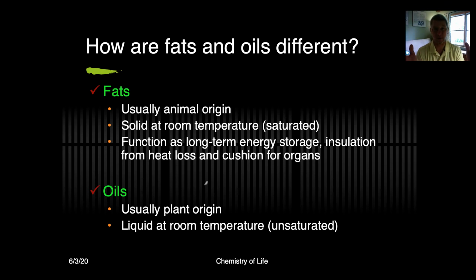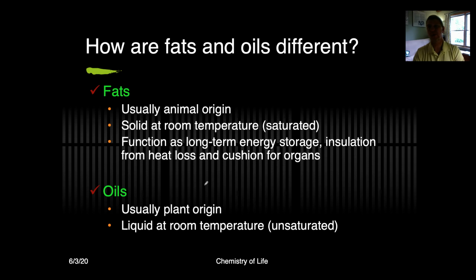Think bacon when you're talking about this. Think about the fat on a steak or some other piece of meat. All right, these are solids at room temperature. Again, their function is for long-term energy. They also provide insulation from heat loss and cushioning for the organs inside. So fat's not necessarily a bad thing, at least not in excess.